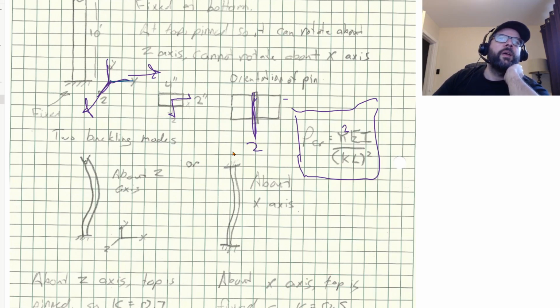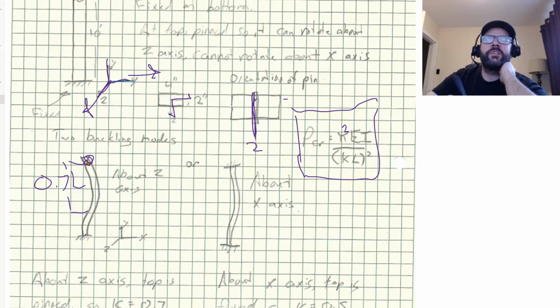We have the one where it's buckling by rotating about the z-axis. So that'll allow free rotation here at the top. It'll still be fixed at the bottom. Based upon that, our effective length is 0.7 L. Whereas if it's buckling about the x-axis, then it's not free to rotate at the top, because the pin's what allows it to rotate.